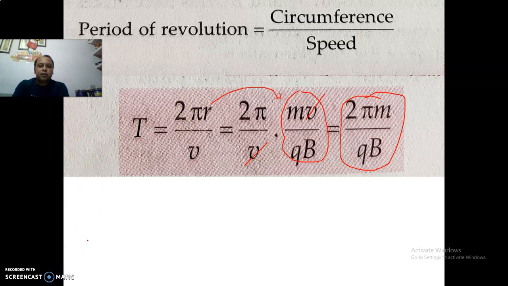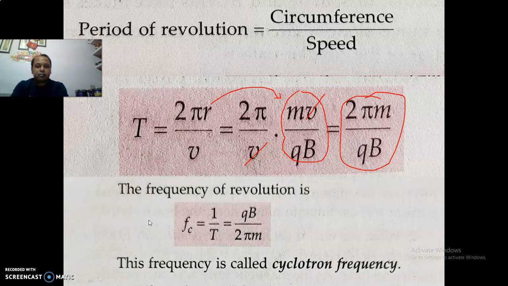Now the number of times it completes the revolution in 1 second is known as frequency, and frequency is given by 1 by time period. So we can calculate the frequency, and it will be the reciprocal of this value.